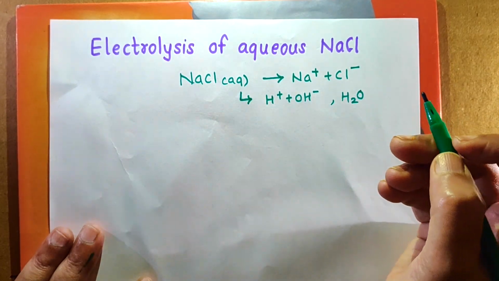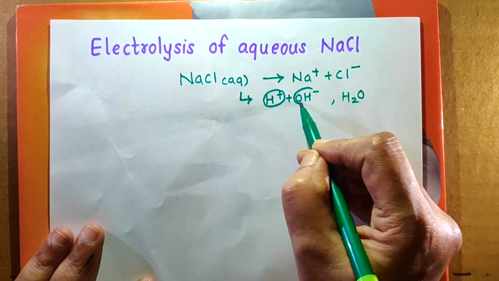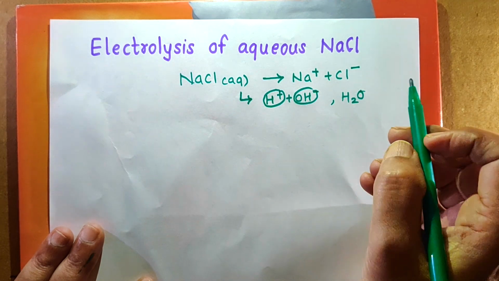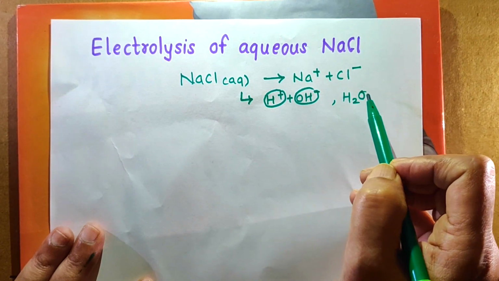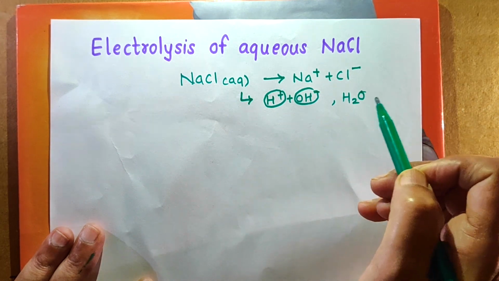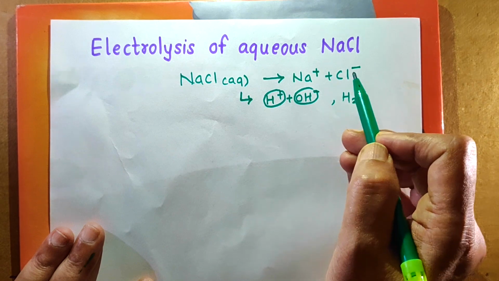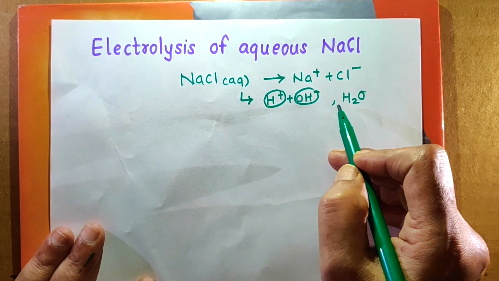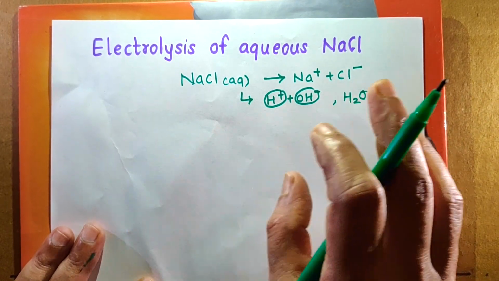H+ and OH- ions are less in number, but H2O molecules are large in number because H2O is a weak electrolyte. We know that in molten NaCl only Na+ and Cl- ions are there, but in aqueous NaCl H2O is additionally present, with H+ and OH- ions in small number.